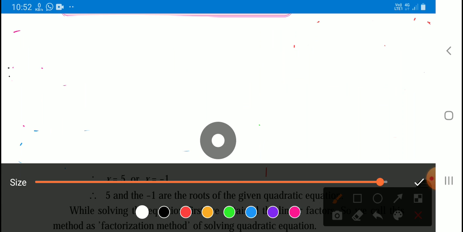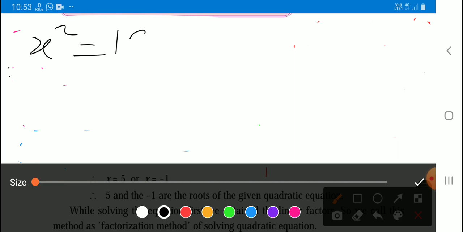Look here, x square is equal to 121. Now we want to find the solution for x. This is a quadratic equation where the x term is not there and the constant term is 121.